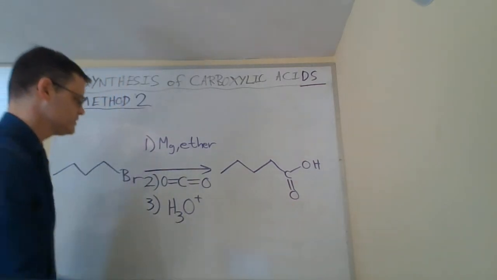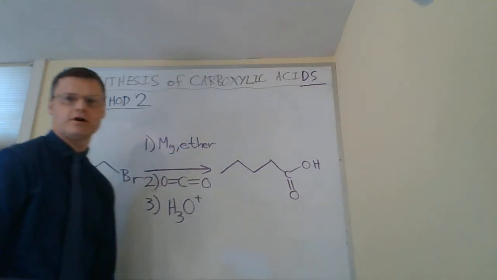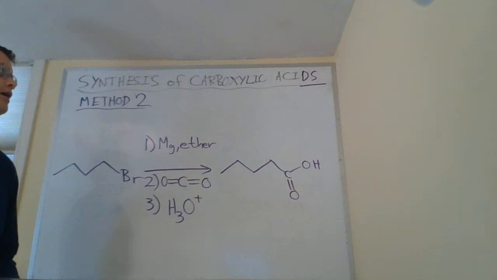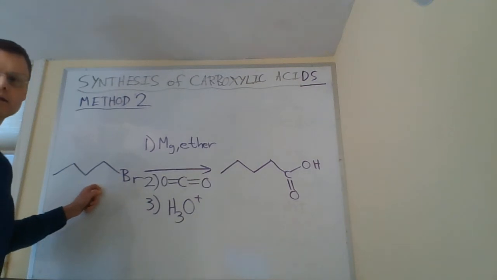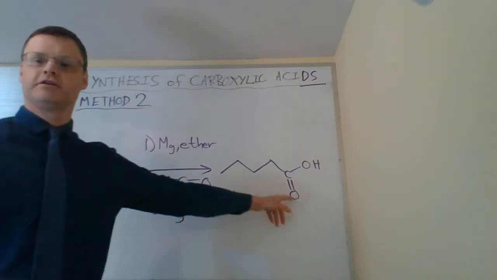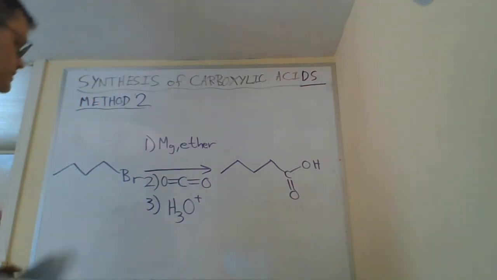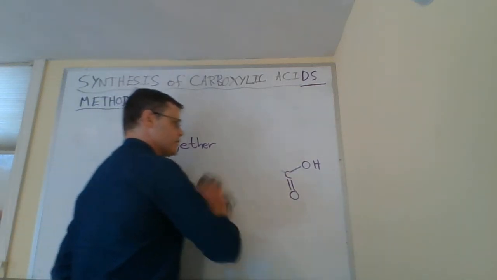So this CO2, there's the oxygen, the carbon, and another oxygen. So that's the second method we can use to make carboxylic acids. In this case, we're getting the carboxylic acid from an alkyl halide, and we're adding a carbon in the process. So not only are we doing a functional group interconversion, but we're also adding a carbon to the chain.